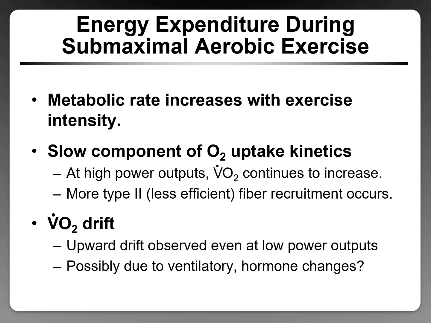So let's say I'm at 80% of my VO2 max and I'm running at, let's say, 7 miles per hour. If I want to maintain 7 miles per hour for long periods of time, maybe that was my 80% of my VO2 max, but now it's suddenly become 85, even though my intensity has not changed. That is a VO2 drift.